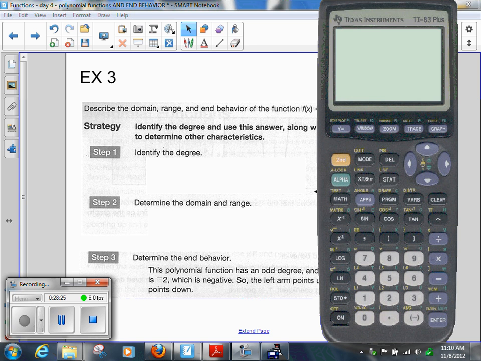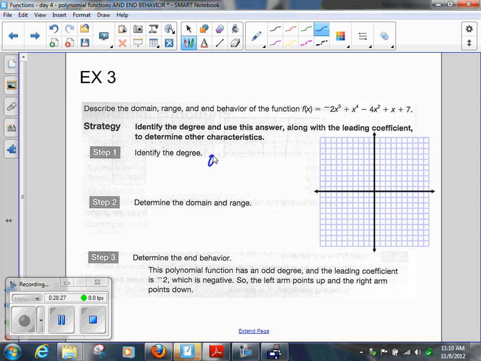Identify the degree. We've already said it's an odd degree polynomial, degree of 5. You know that from the exponent. Determine the domain and range.